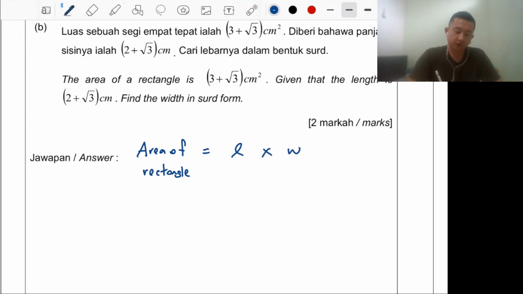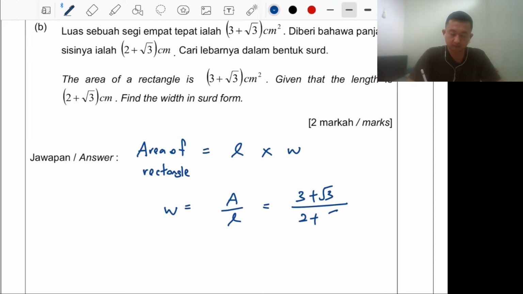If we are looking for the width, we will have the area divided by the length, which is this. To proceed, we need to rationalize it by multiplying the conjugate surd.